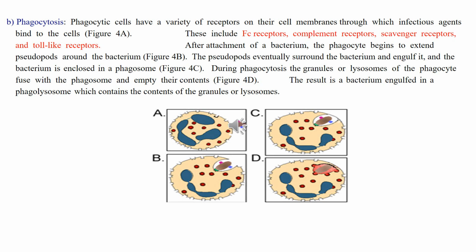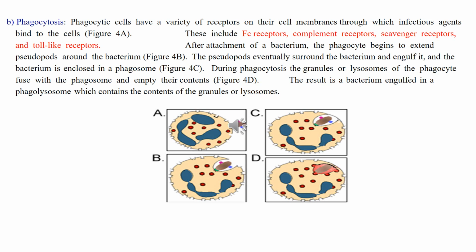During phagocytosis, the granules or lysosomes of the phagocyte fuse with the phagosome and empty their contents. The result is the bacterium engulfed in a phagolysosome, which contains the contents of the granules or lysosomes. These contents will participate in the killing of the bacterium.